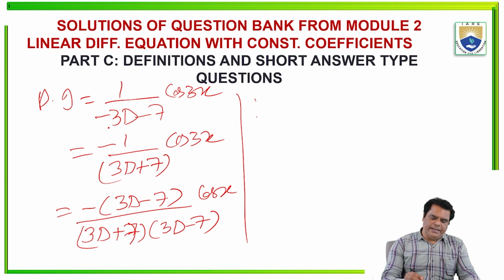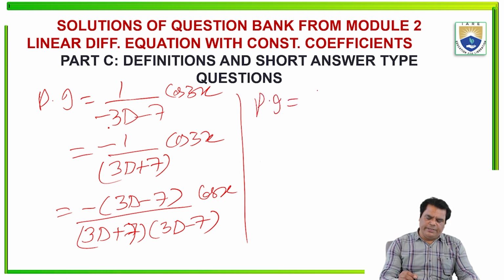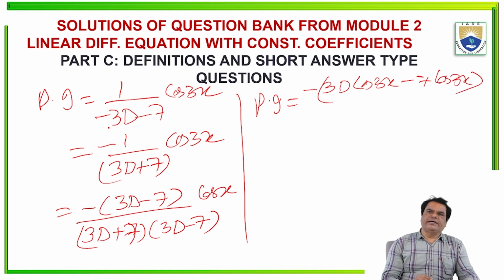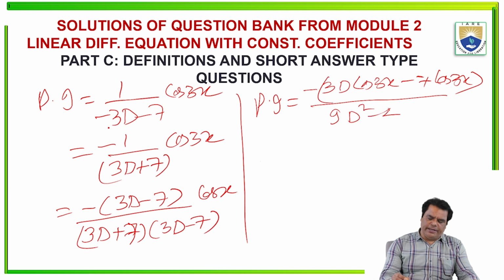So now PI is equal to minus 3D cos 3x and minus 7 cos 3x. Multiply this cos x in this bracket, and upon 9D square minus 49.